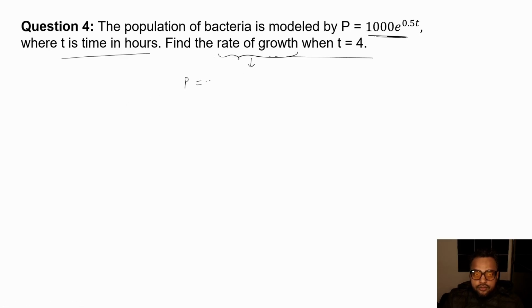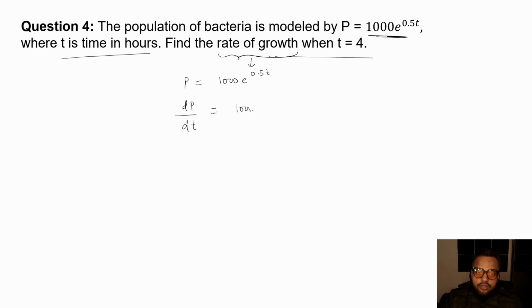So p here is 1000 e raised to the power 0.5t. Rate of growth means we need to determine the derivative of the population of bacteria, so it will be dp by dt.